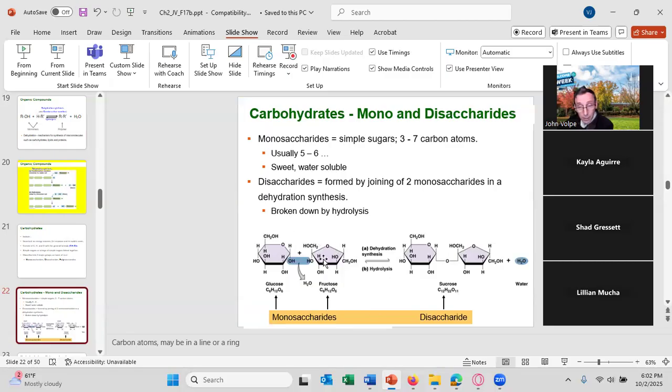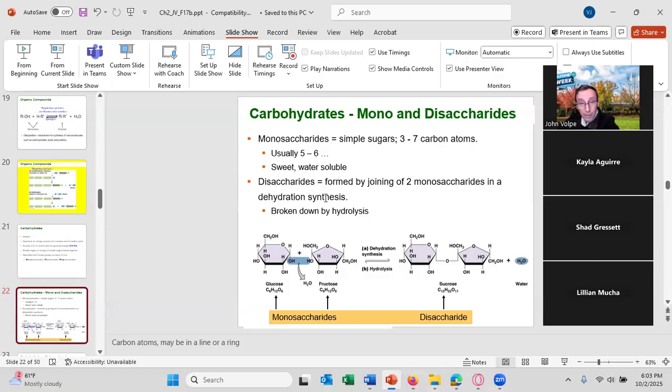We'll talk about ribose and deoxyribose later, I think in this lesson, but maybe in a future lesson. Those are simple sugars that only have 5 carbons. Most monosaccharides that we eat have 6 carbons, but there are some that have 5. Monosaccharides are sweet. They're all water soluble.